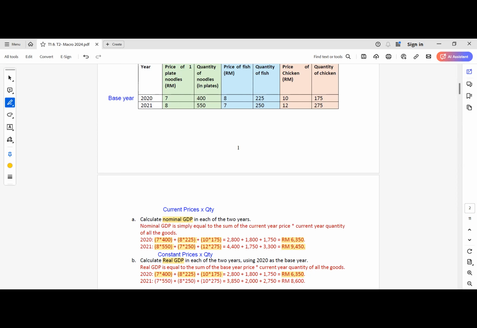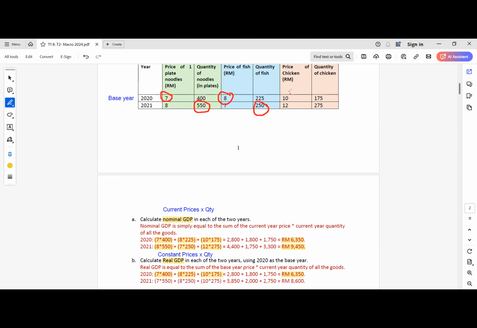But what is different is in 2021, because now we are not going to use the current prices anymore, but we use the base year. So in 2021, to calculate the value of noodles, I need to use the original price in the base year times this quantity. I use the price of fish times the current quantity of fish to get the value of fish.